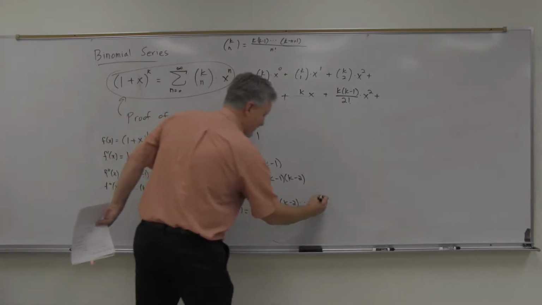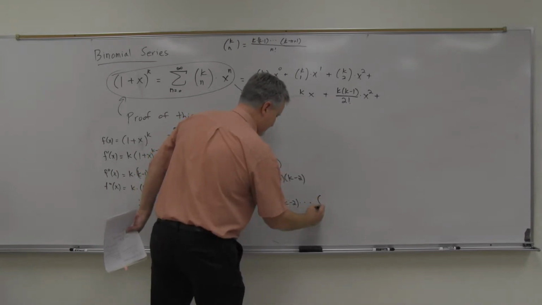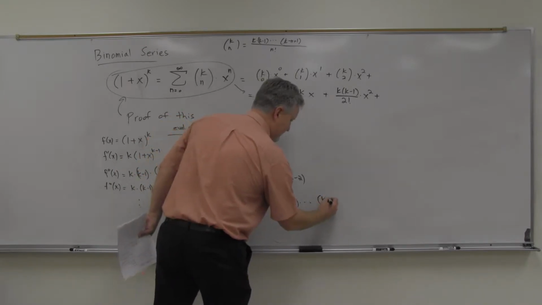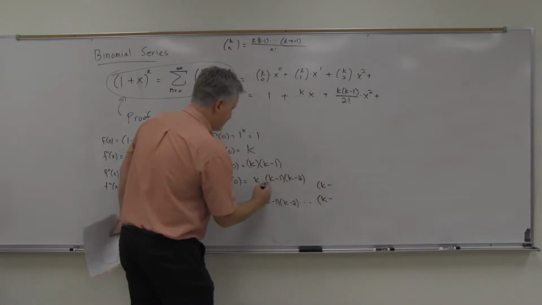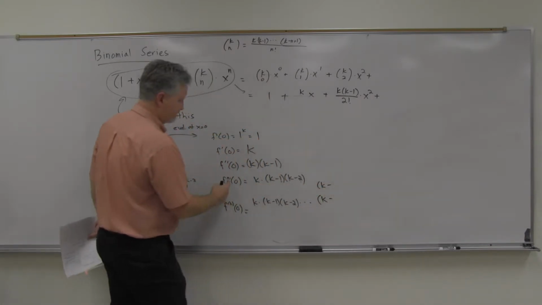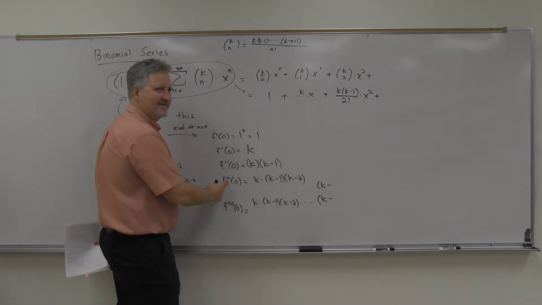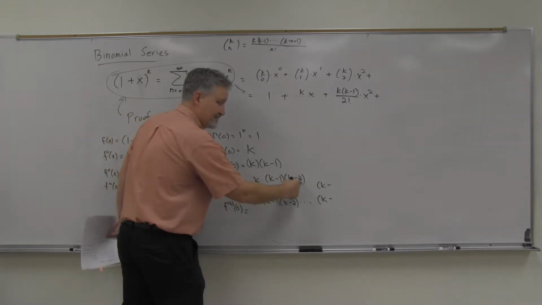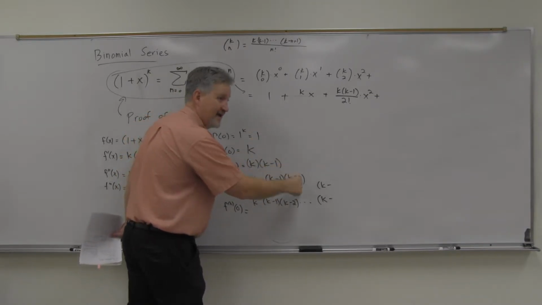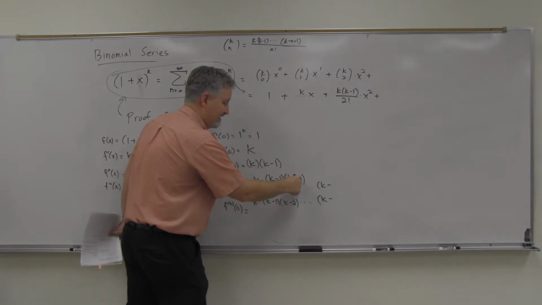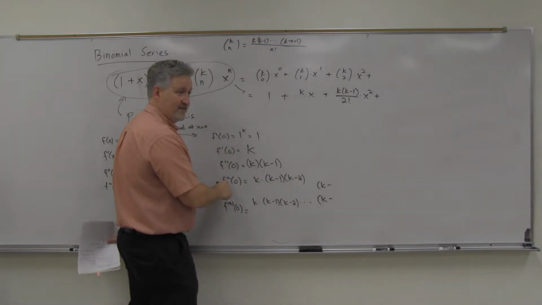what do I need for the last, if it's the nth one? Well, it's k minus, and then this number, well, it's 1 less, right? The last number that I subtract from k is 1 less than the n, because this is n equals 3, right?